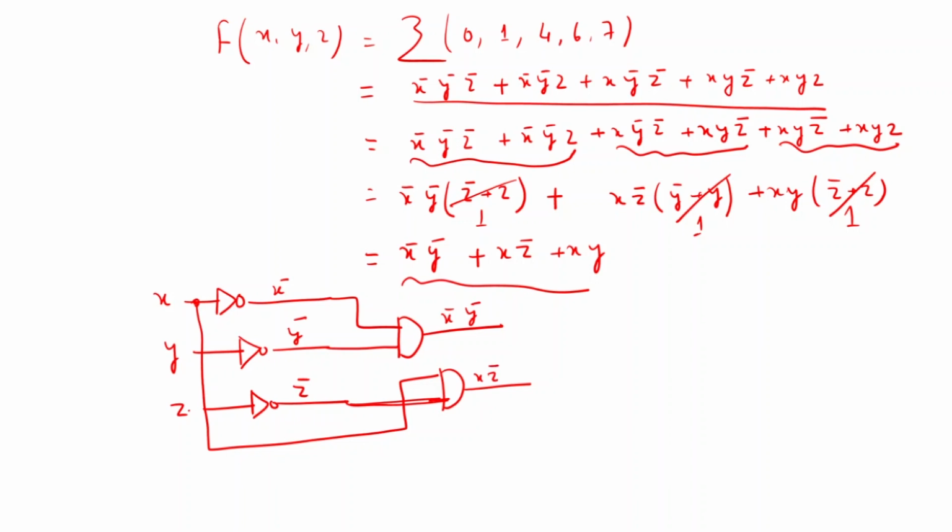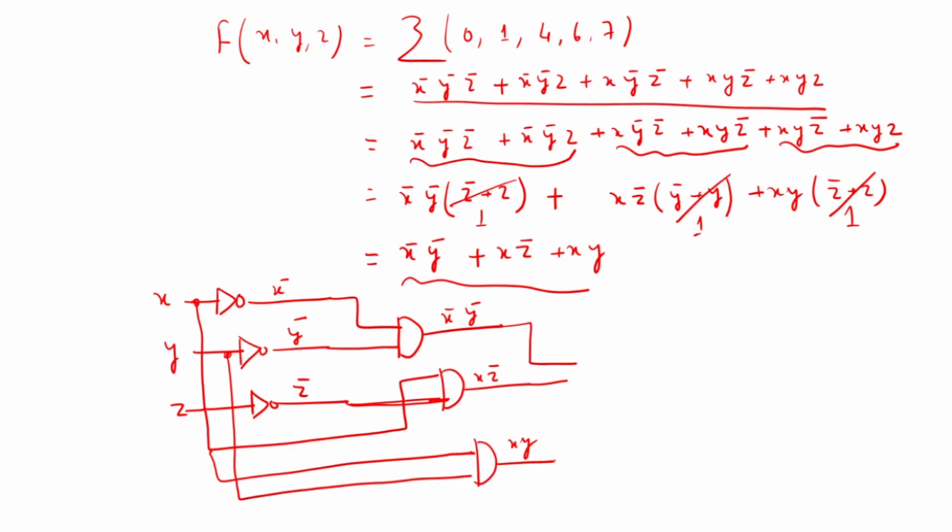Third is xy. X is taken from here, y is taken from here. This is another AND gate, which represents xy. Then all these 3 AND gates, all the min terms, are ORed together, so there is one OR gate.